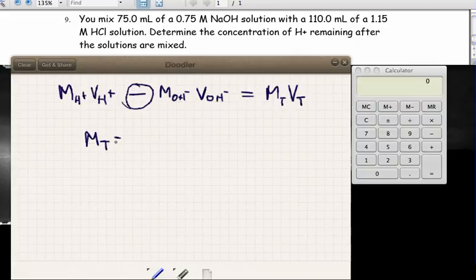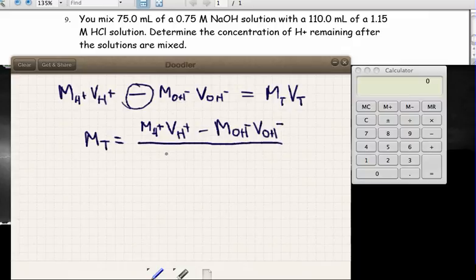MT is going to be equal to MH times VH, the moles of the acid, minus the moles of the base, and this is all going to get divided by the total volume, VT, which, while not exactly perfect, is going to be equal to the volume of the H+ plus the volume of the OH minus.